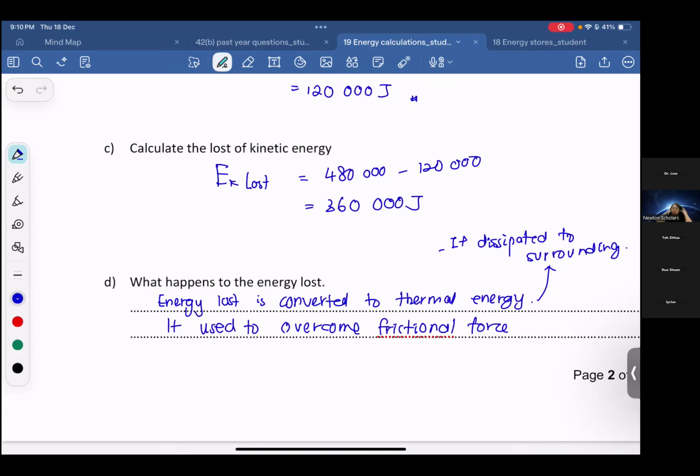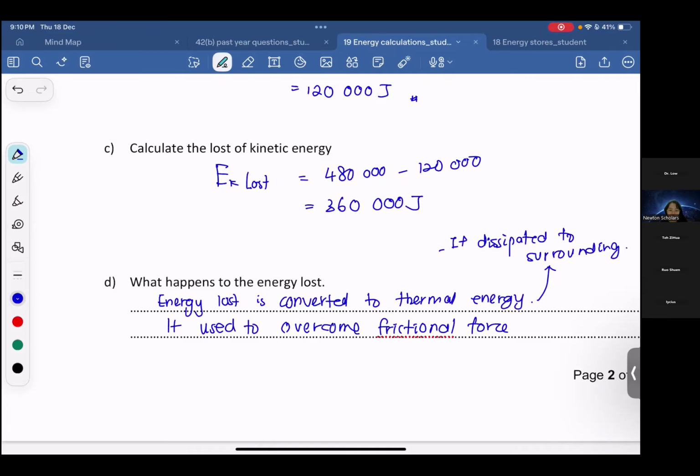And why does it convert to thermal energy? Because when applying the brake, there will be friction between the tire and the road. So the friction will produce thermal energy. So this is how we do the calculation for kinetic energy.